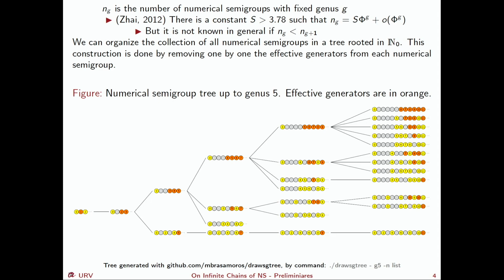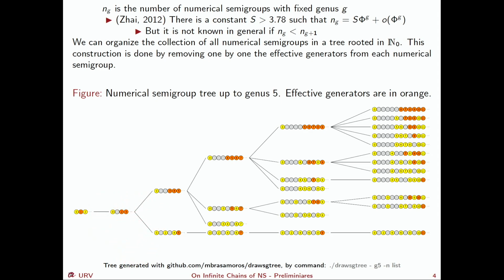So let's now understand how the tree is constructed. We start with the naturals and take out every effective generator, one at a time. For example, here 1 is a generator, so I take it out and I get that semigroup.